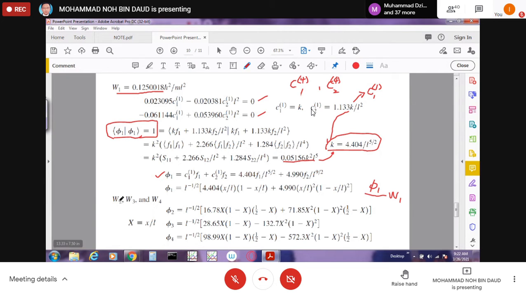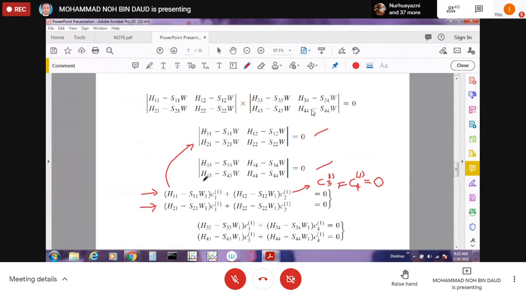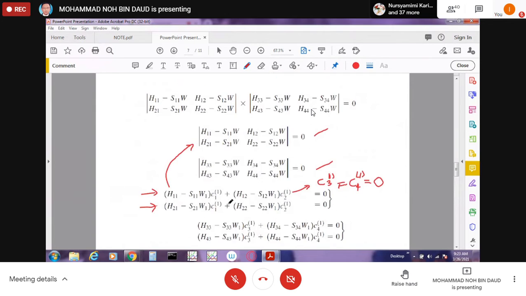Likewise, you can find phi 2, phi 3 and phi 4 using the other roots. This first block has W1 and W2, the solution of this simultaneous equation. We have another solution for the second block of the matrix, so we get W3 and W4.